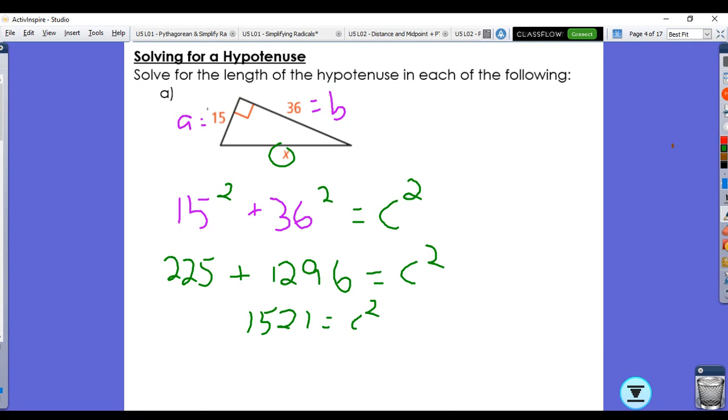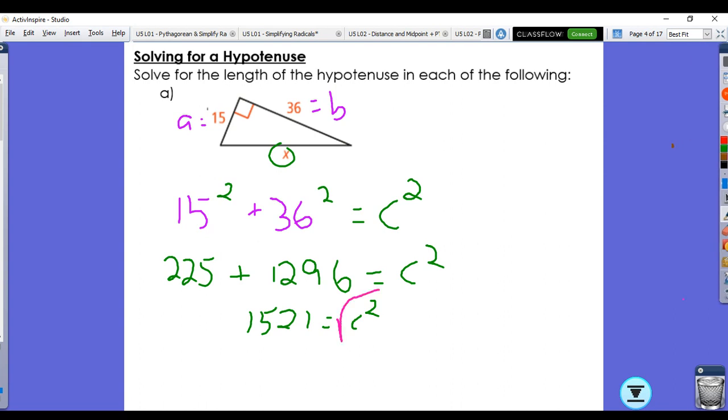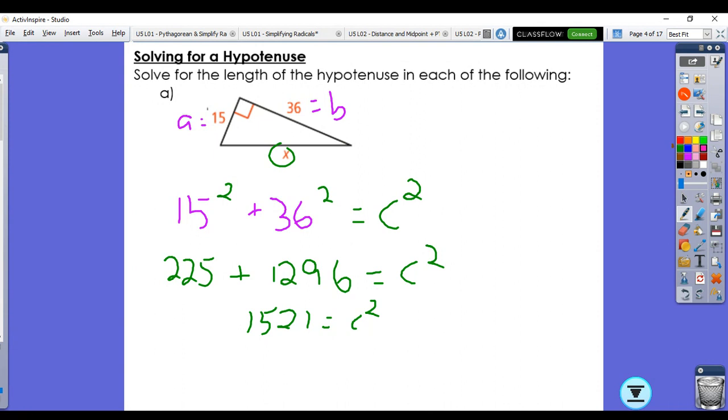But we now need to figure out what c is, and the only way we do that is by taking the opposite of squared. And the opposite of squaring something is to take the square root of something. Okay, so we practiced this earlier in Unit 3.